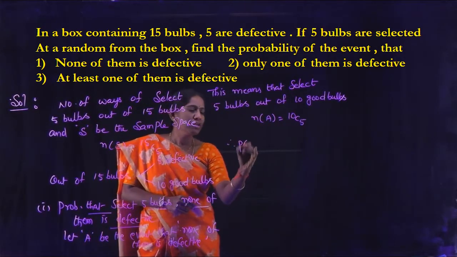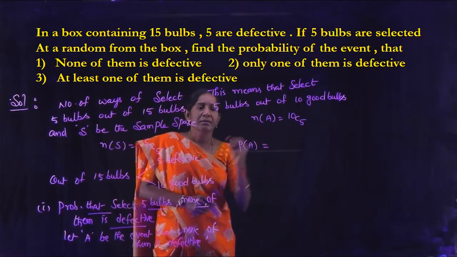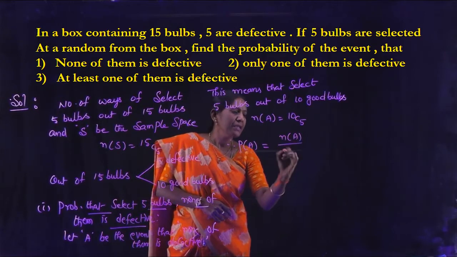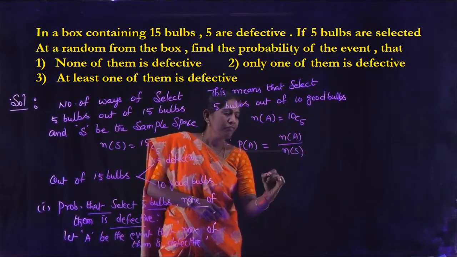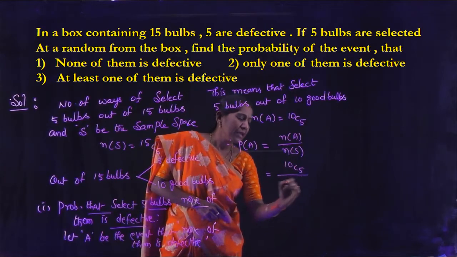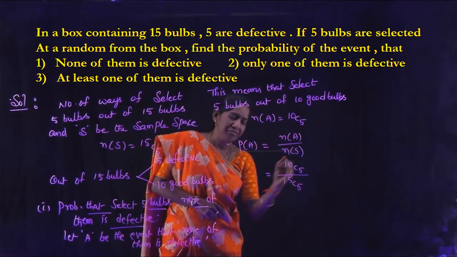Therefore we want to find P of A. P of A is N of A by N of S, that is 10C5 by 15C5.